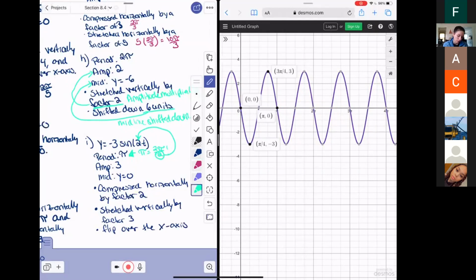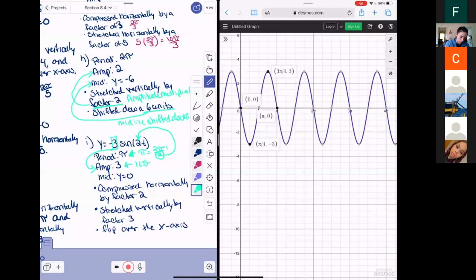When we stretched vertically by a factor of 3, our amplitude was multiplied by 3. Our amplitude is 1 times 3 equals 3. That's important to notice because typically our amplitude is 1 if there's nothing there.